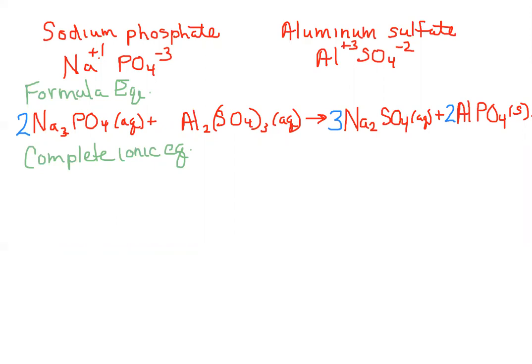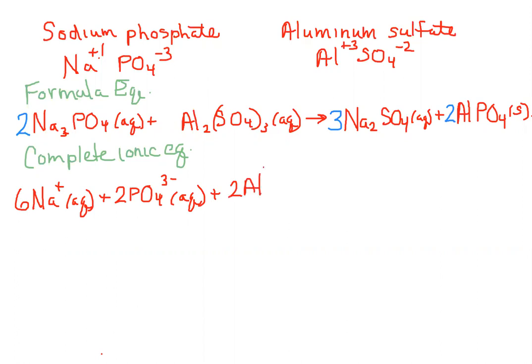Now we can do the complete ionic. See, I'm learning this too. So now we don't have 3 sodiums, we have 6 sodiums with a plus charge. And we have 2 phosphates with a -3 charge. And we have 2 aluminums with a +3 charge.